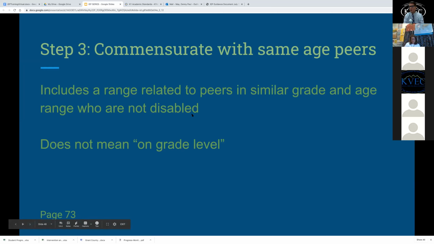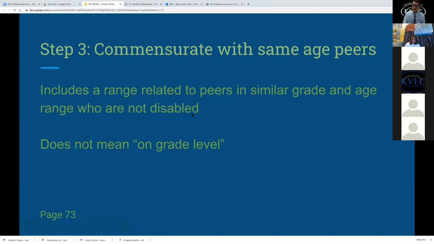What I can say to you about this, and we've been through a lot of audits in the last 3 or 4 years, is that the State Department, when you check the box commensurate, it alleviates you of having to put all 5 of those required components, like the academic performance, for example.